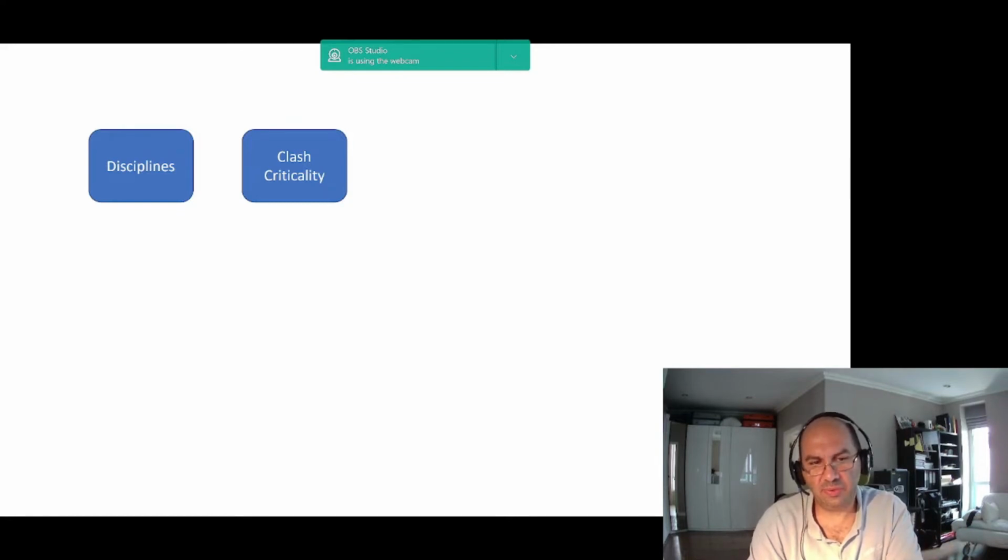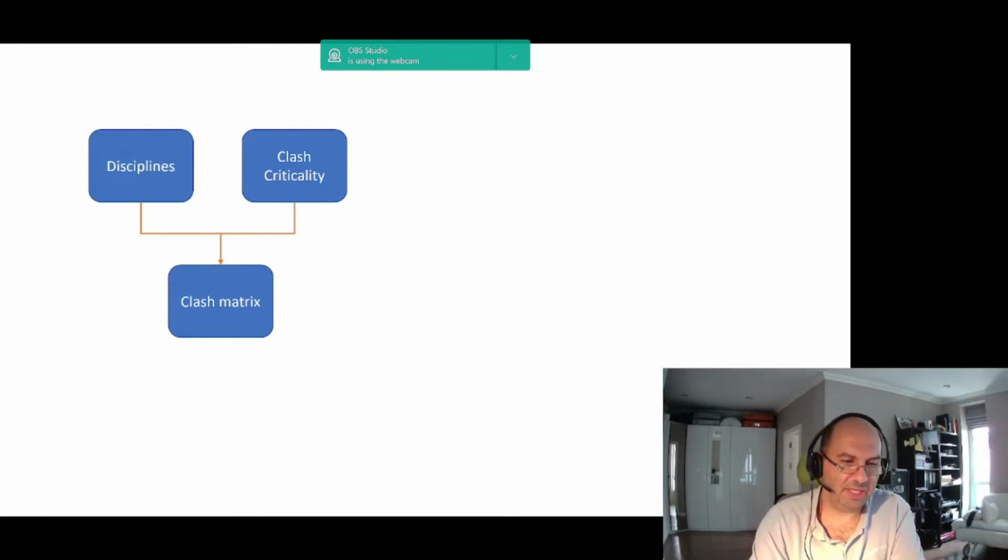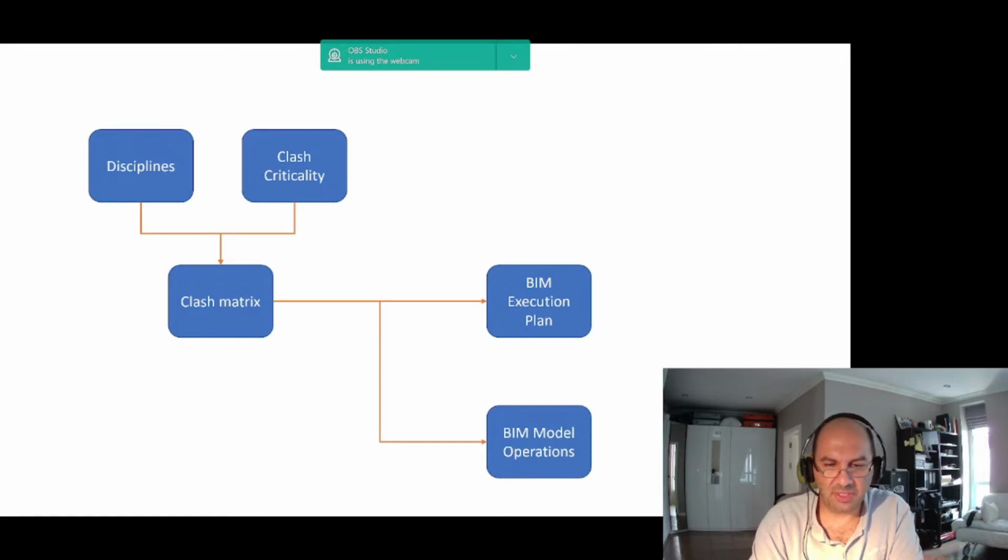And you also need to work on the clash criticality levels, and both of them support you in generating the clash matrix. Then when you generate this clash matrix, or this source of information, you need to produce a BIM execution plan upstream for the project stakeholders and the project owner, and usually you also have to deliver some information for operating the BIM model for your supply chain.